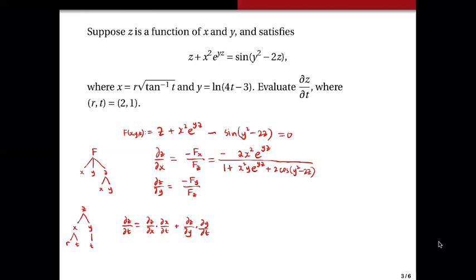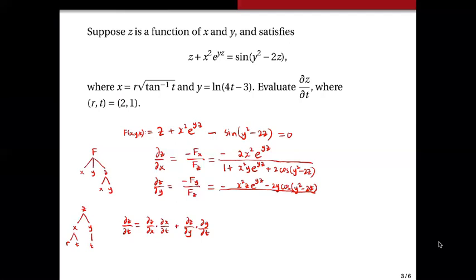And then for the partial z with respect to y, we will have, what do we get in here? With respect to y, we'll just have negative again. And then with respect to y, we will have x squared z e to the yz. Then here we will have minus 2y sine, sorry, it should be cosine y squared minus 2z.